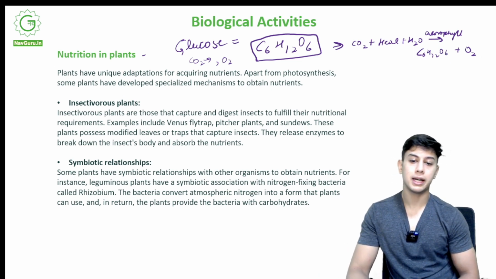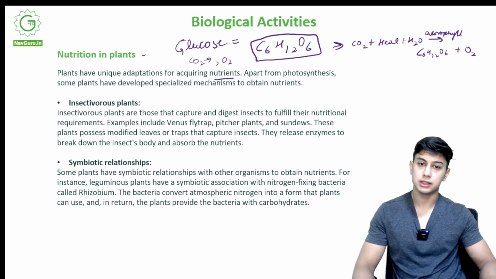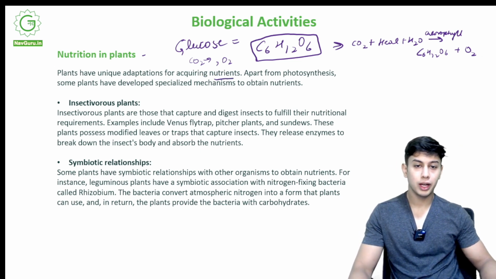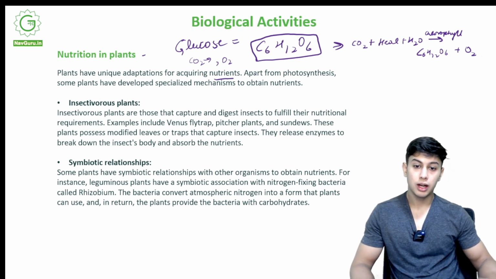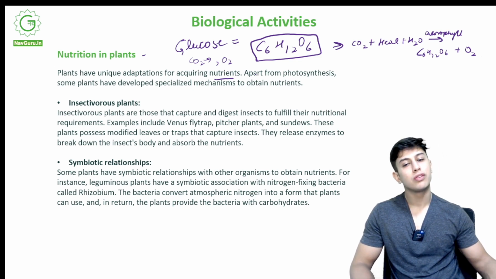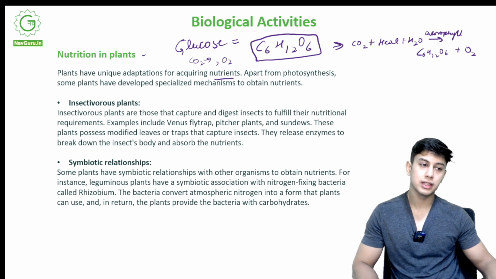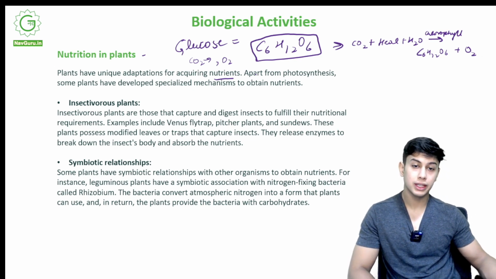Plants have unique adaptations for acquiring nutrients. So in nature there are adaptations, right? So if there is a problem, an organism will adapt to it, overcome it. How? So some plants have chlorophyll, they make food. Now for example, if in some places there is no chlorophyll in plants, how will they get food?